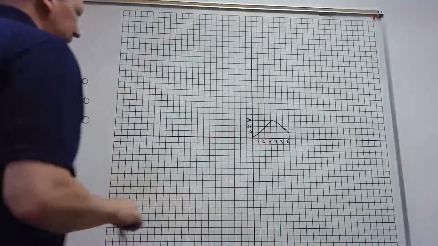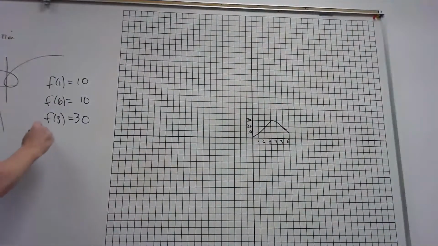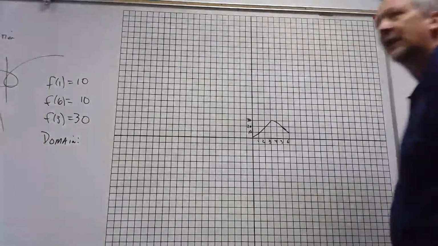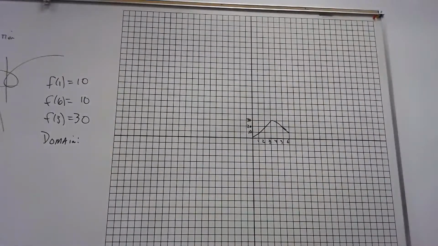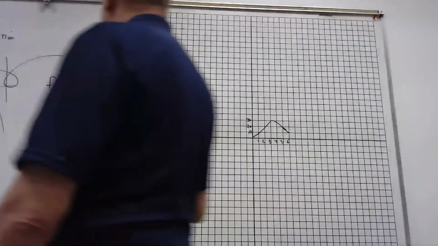Let's talk about, based on this, what is the domain? I'm still going to pick on people in the front. Landon, what is the domain of this graph? 0 to 6.